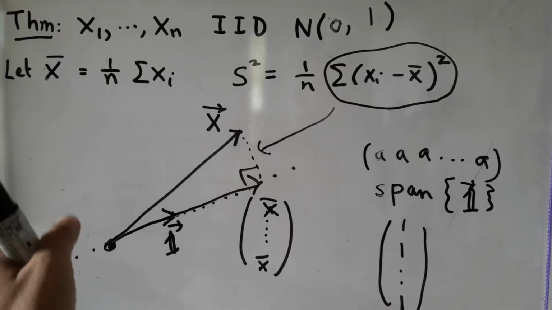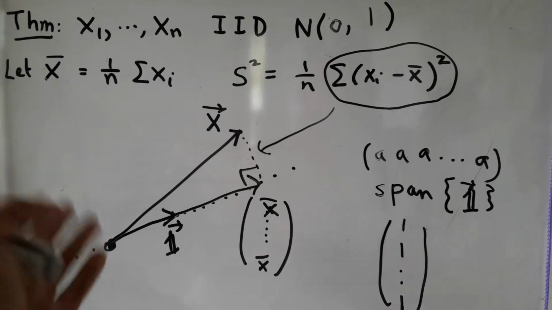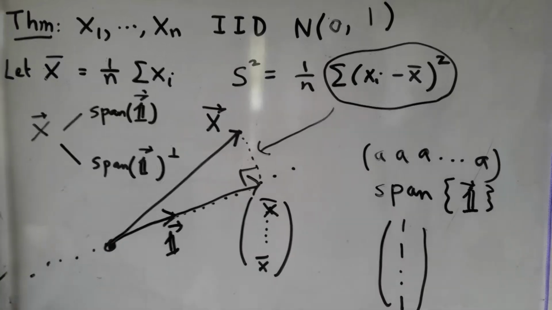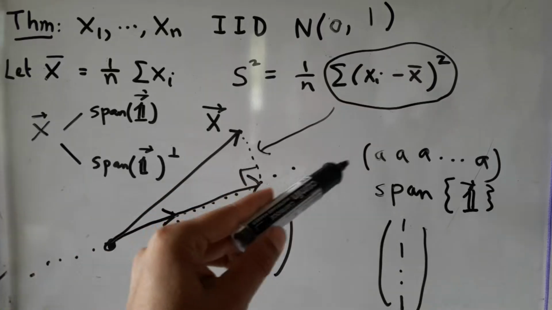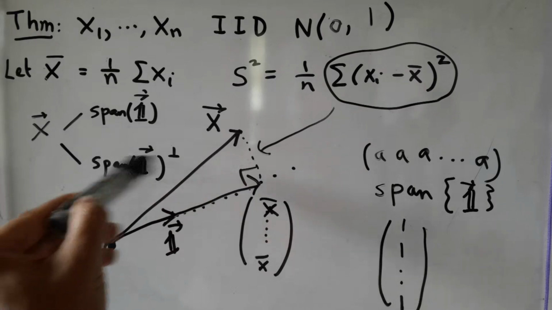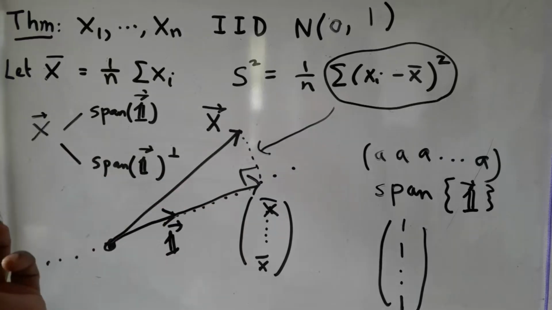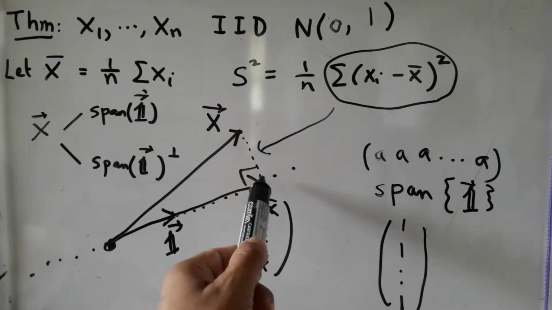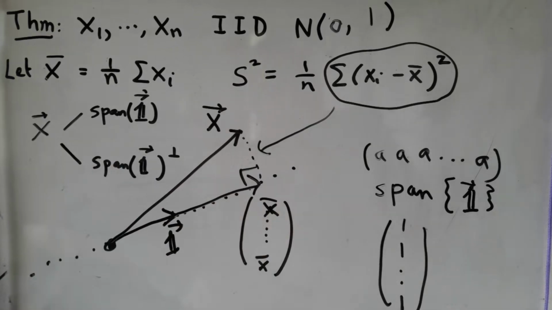Once you look at it in this way, it should be quite easy to see why the theorem is true, because we are basically doing the following. We are taking our x vector, projecting it orthogonally onto the span of 1 as well as onto its orthogonal complement. These are the two components. Now we immediately know that, this and this being orthogonal, their projections are also going to be independent. That's something that we have already discussed in one of the earlier videos.